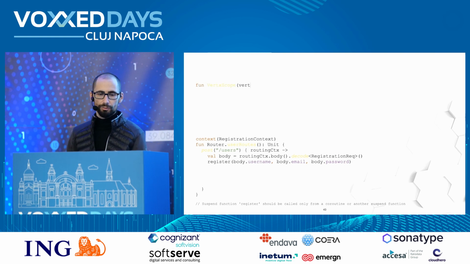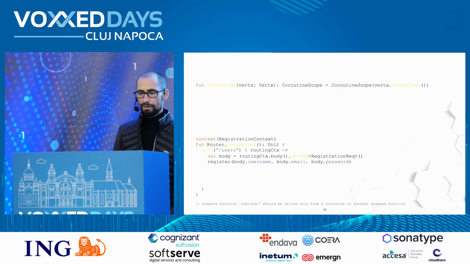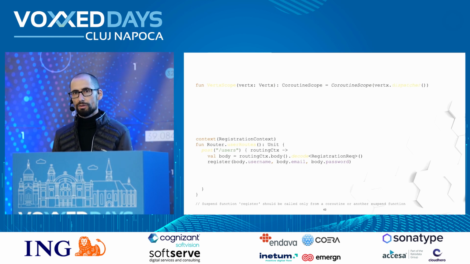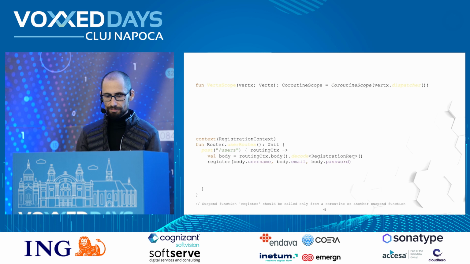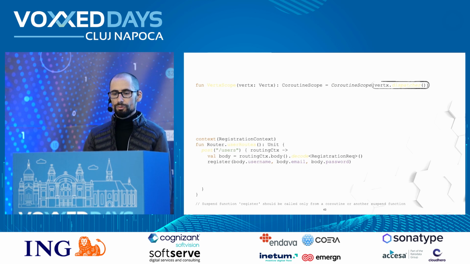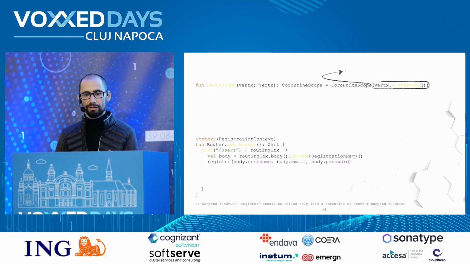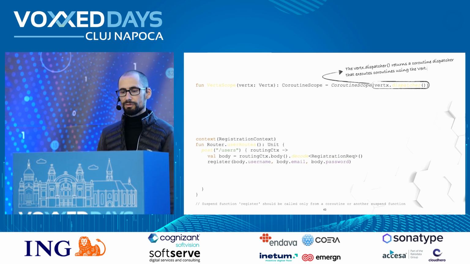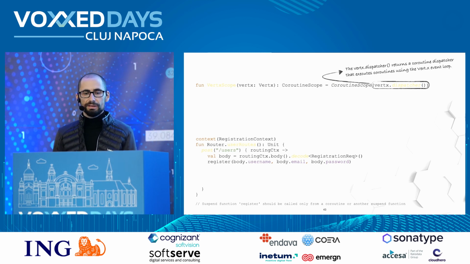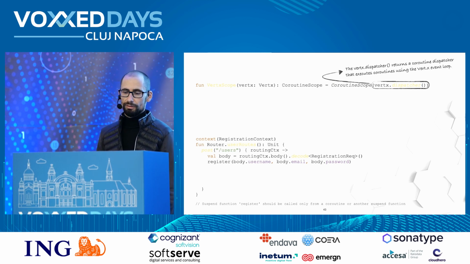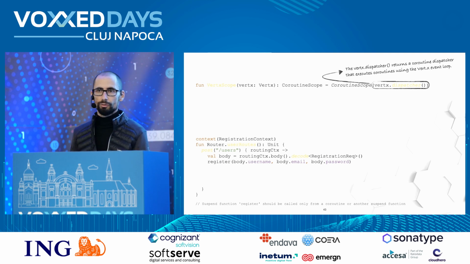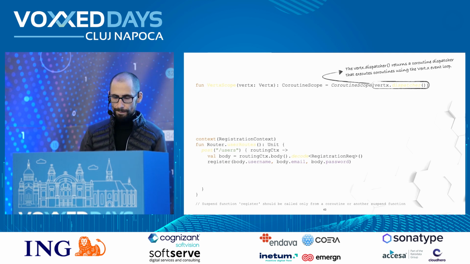But what we can do is create a coroutine scope in which we can execute our suspension functions. And we're going to use the Vert.x dispatcher, because the dispatcher uses under the hood the event loop that I told you about in the beginning. Again, we don't want to fight the framework. We want the framework to help us.